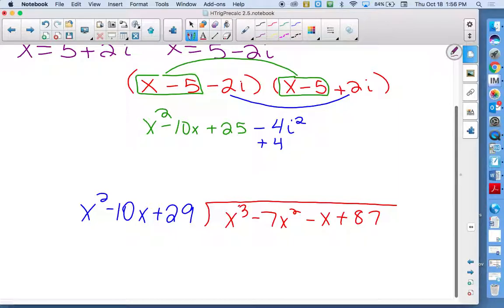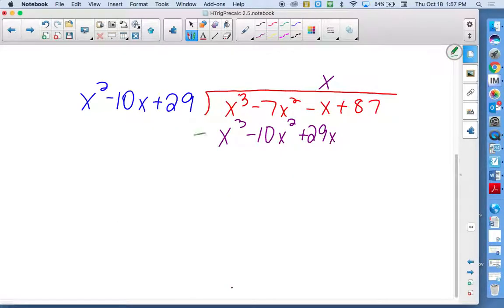So you have an x squared, we need to make it an x cubed. That means we have to multiply x squared by x. So we have x cubed, minus 10x squared plus 29x. Subtract, be careful with those signs. This turns into addition, the second one turns into subtraction, leaving us with 3x squared minus 30x.